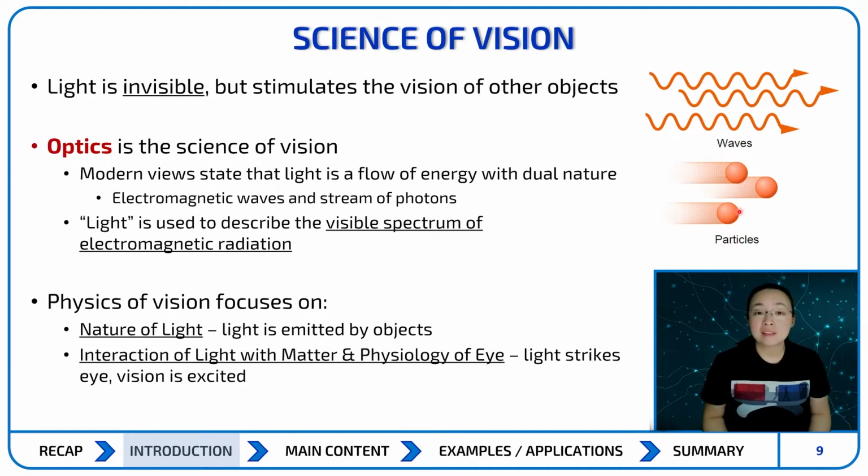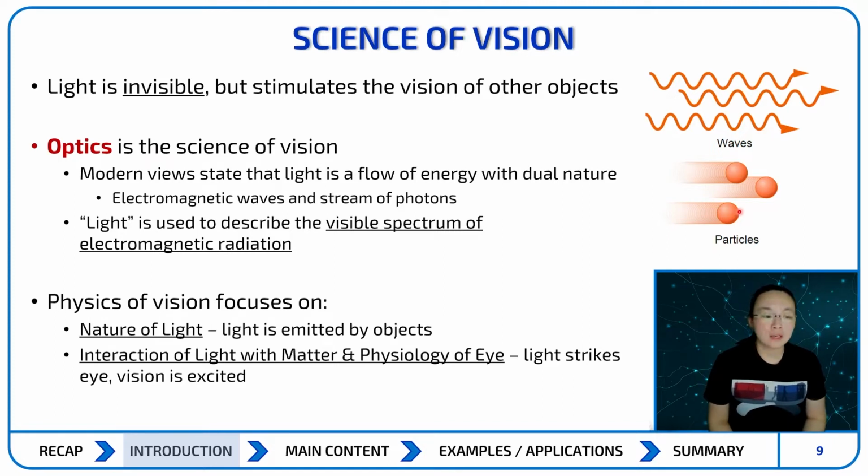So light itself is used to describe the visible spectrum of electromagnetic radiation. When we talk about light, it's usually something that we can see. That means that light has to have a limit based on our thresholds.